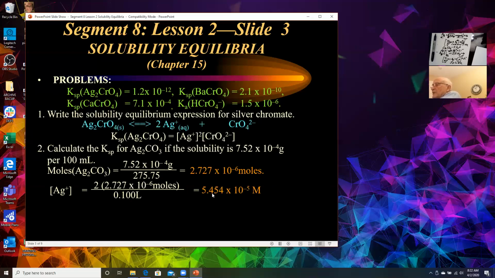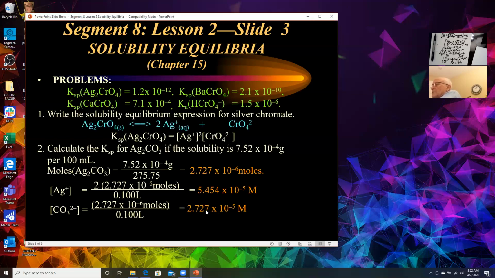So the silver ion concentration in this solution is 5.454 times 10 to the negative 5th. The chromate ion concentration is just going to be half that, because I don't have that number 2 in there. And it's going to be 2.727 times 10 to the negative 5th.